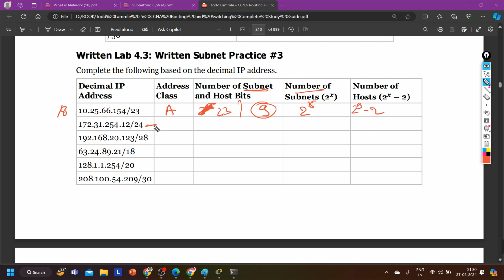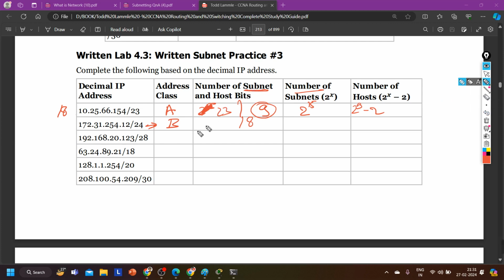Okay, tell me, this IP address belongs to which class? Class B, right? Okay. So how many host bits are there? 8. And how many network bits are there? Subnet bits means how many bits we have borrowed.